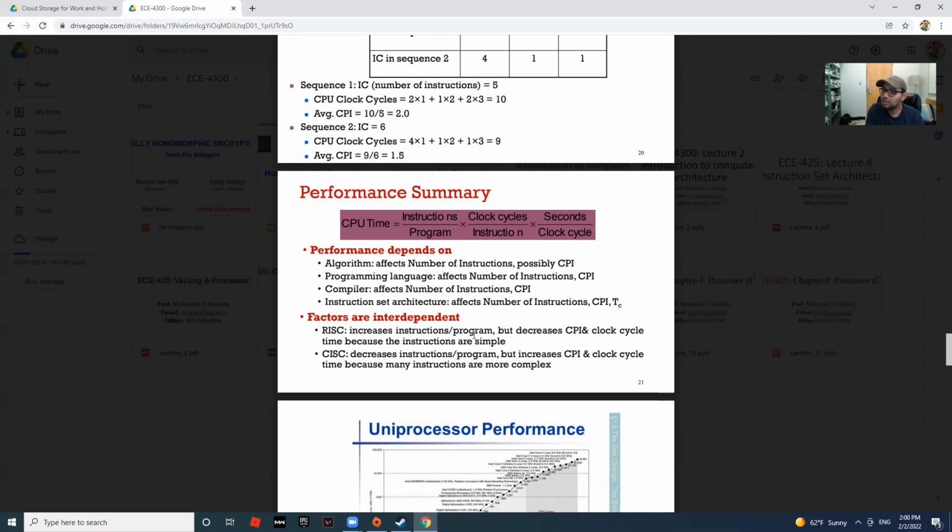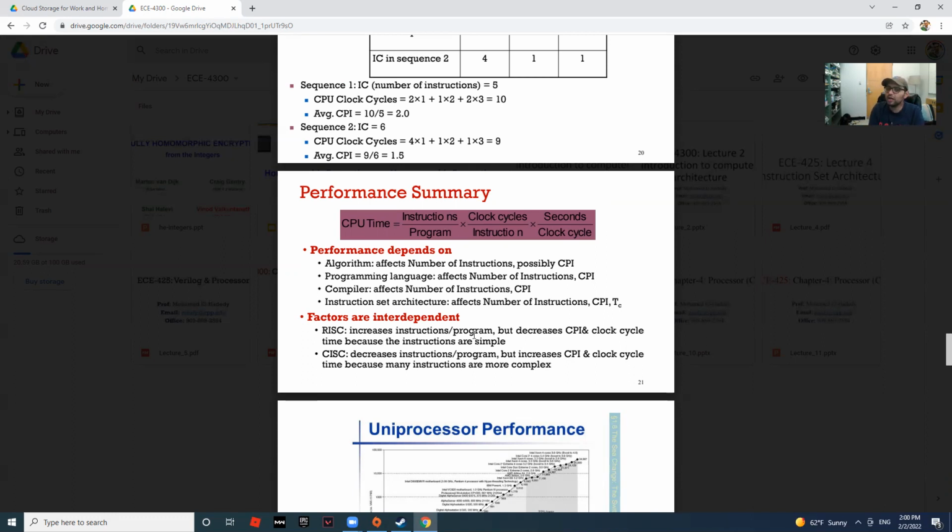The compiler will end up decreasing or increasing the number of instructions, which translates into CPI in the middle. So CPI also helps me understand whether the compiler version is good enough or needs to be upgraded. The compiler affects the number of instructions and CPI.